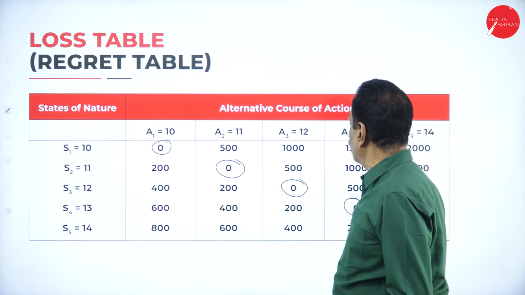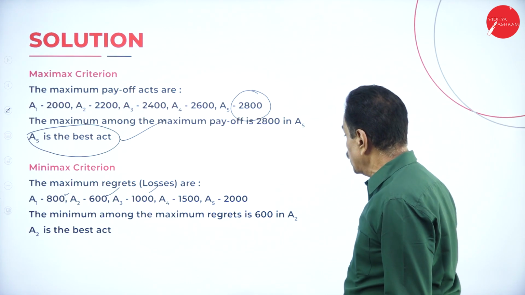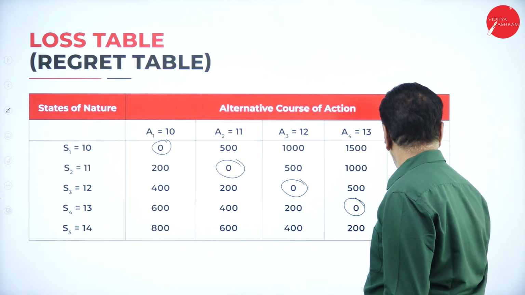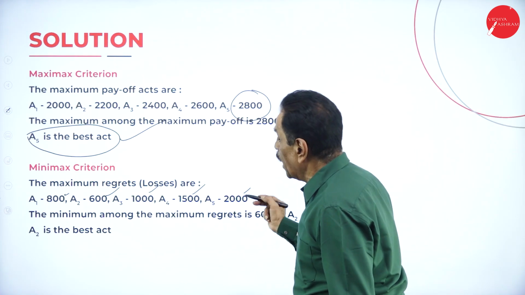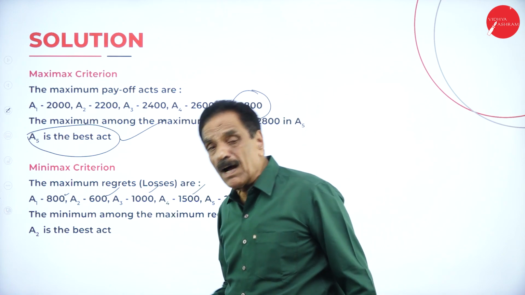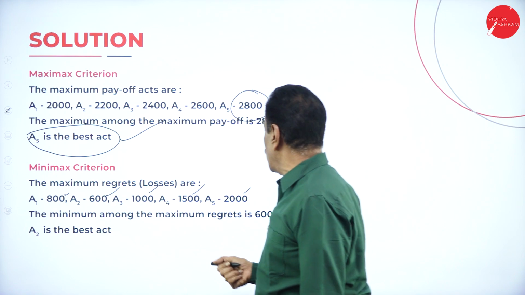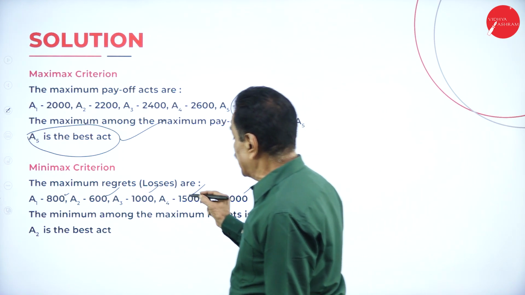Next highest one, A4, is 1500. Next highest, A5, is 2000. Among the highest, which is the minimum? The minimum among the maximum regret is 600.